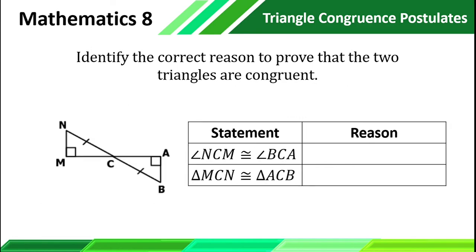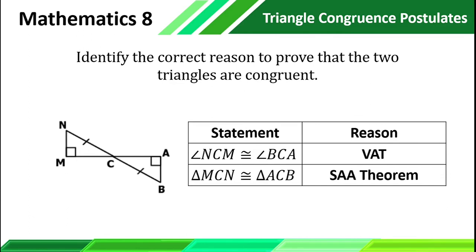Let's have the second one. Angle NCM is congruent to angle BCA because they are vertical angles, and vertical angles are congruent under the vertical angle theorem. Now, can we say that triangle MCN is congruent to triangle ABC? Yes, we can say that.